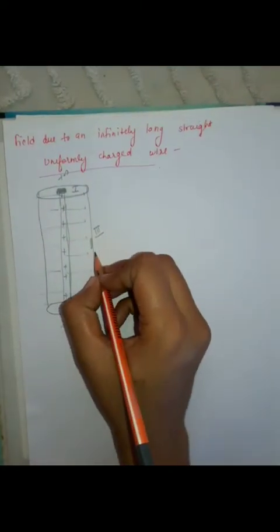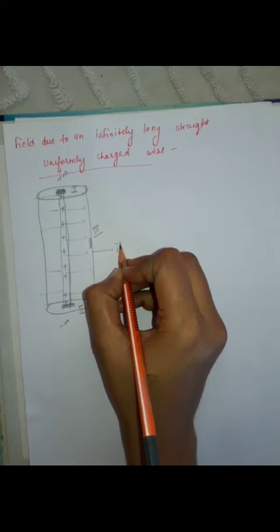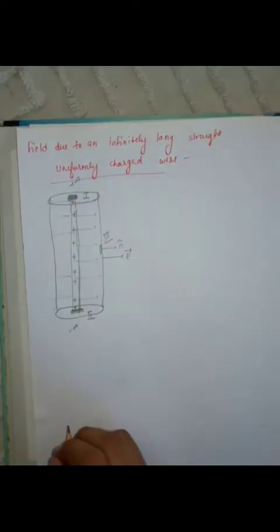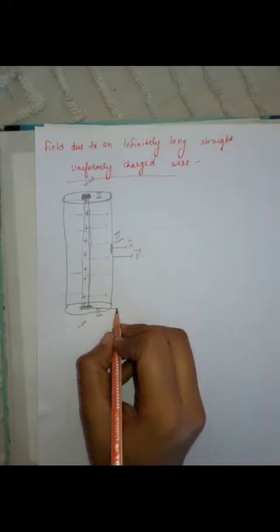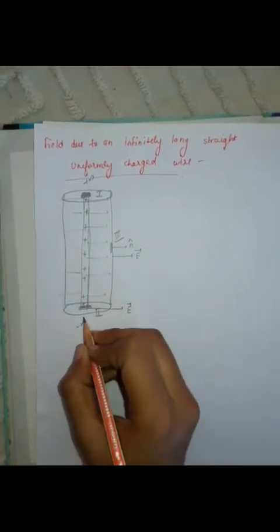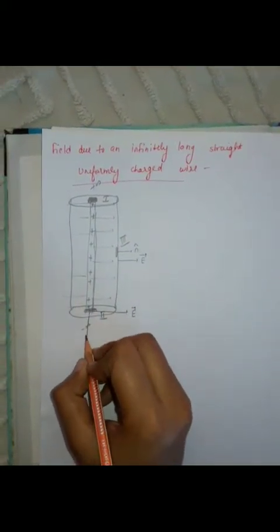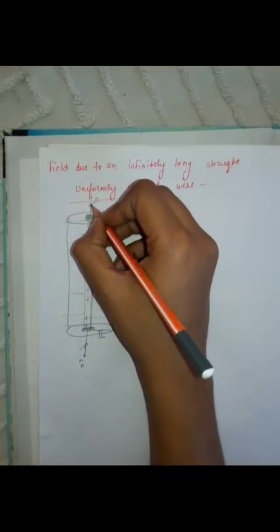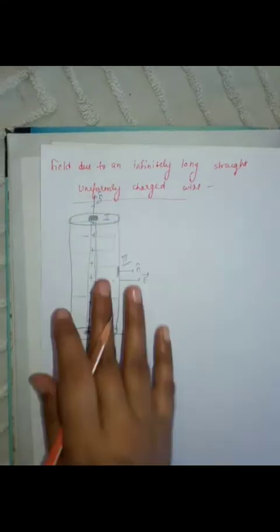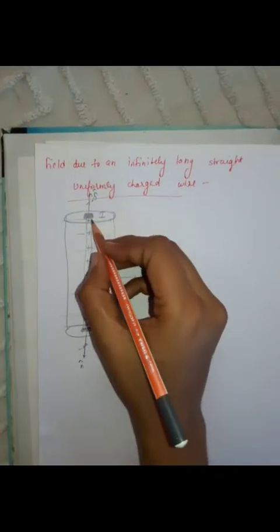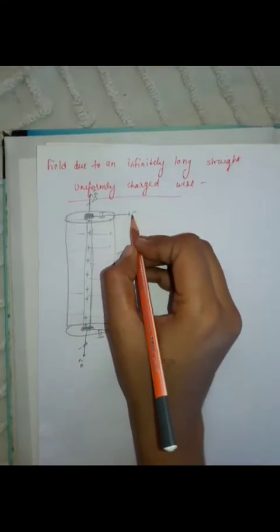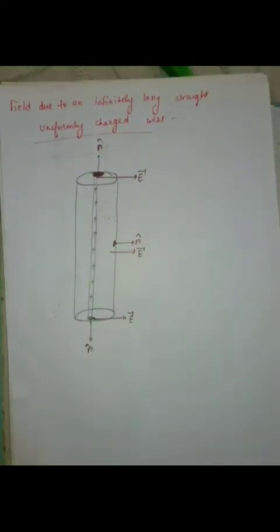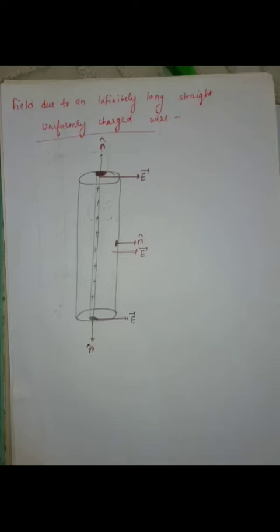Here the electric field is in outward direction, and the area vector for this will also be outward. Here the electric field is in this direction, and the area vector will be perpendicular to it, in this direction. Same here, the area vector will be in upward direction, and the electric field will be in this direction. Okay, this is the diagram.